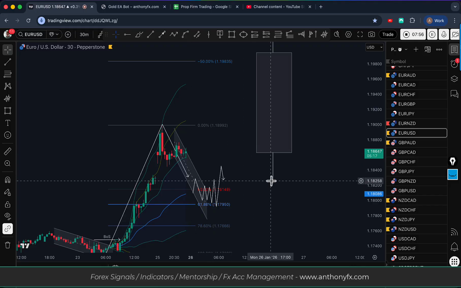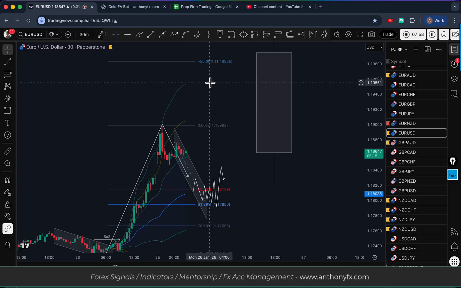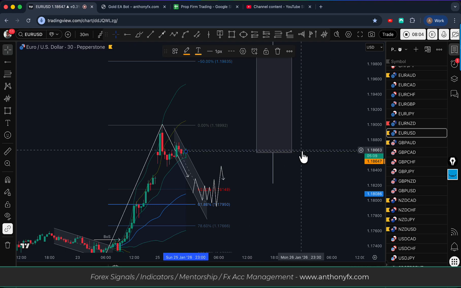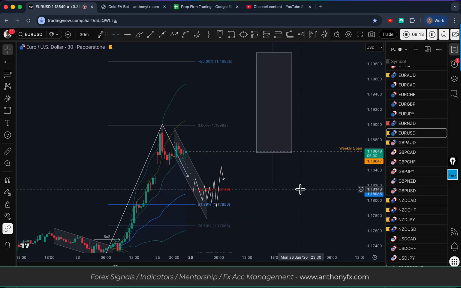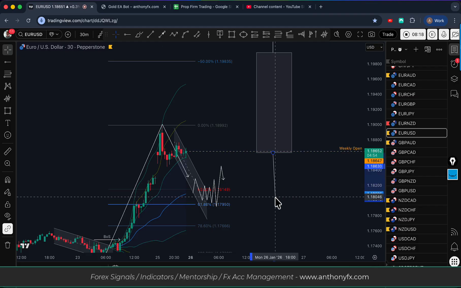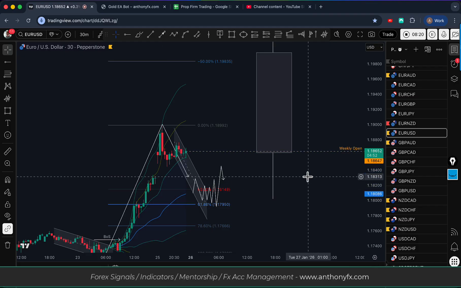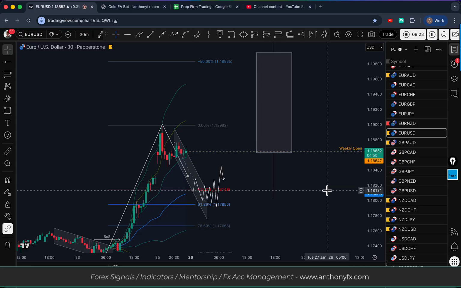You want to see that dip under for the low. So it's always important to mark up the weekly open and understand where that level is. What you want to see is a run on liquidity under it, and then come back and break through that weekly open to the upside. So that's my take on the euro dollar. Bias is bullish, but I want the pullback pretty much, okay?